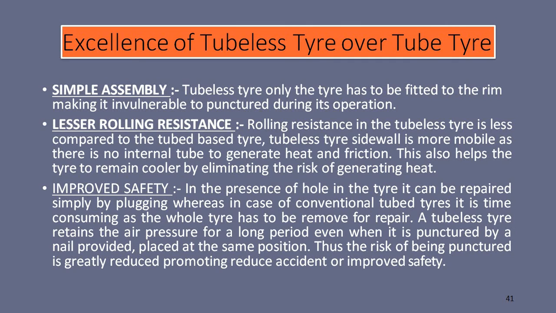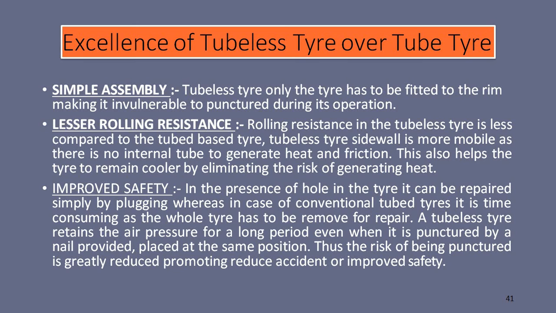In the presence of a hole in the tire, it can be repaired simply by plugging, whereas in the case of a conventional tube tire, it is time consuming as the whole tire has to be removed for repair.